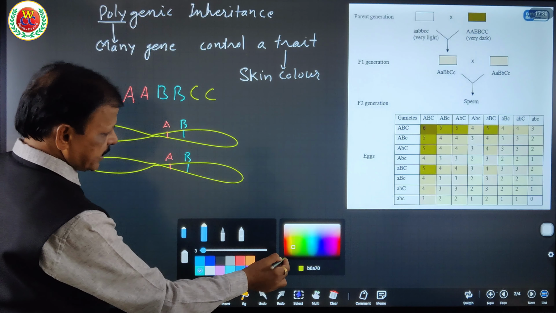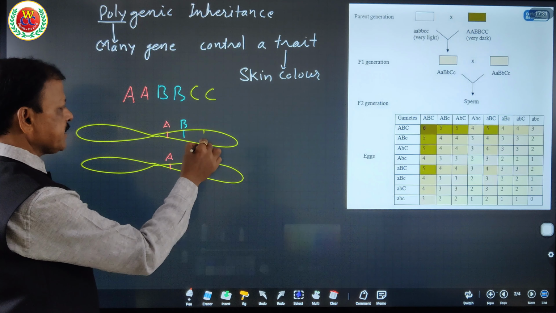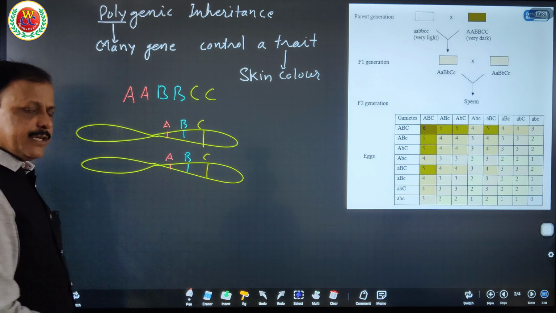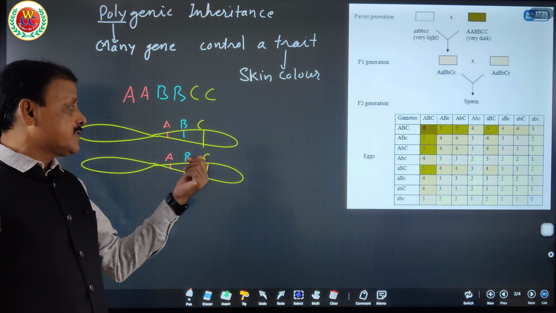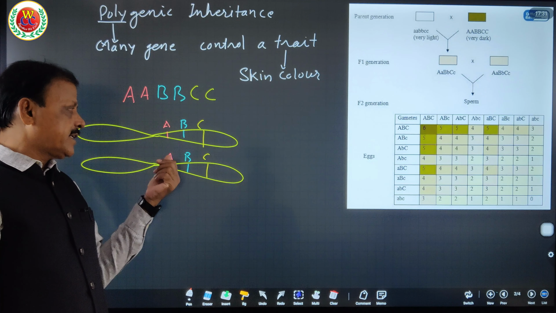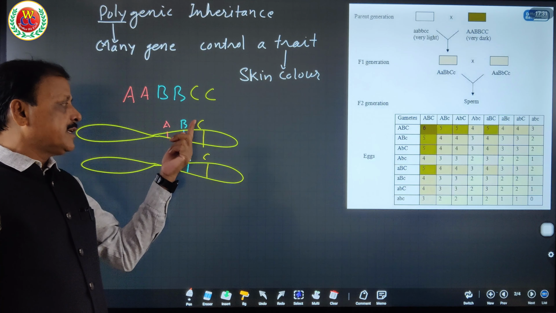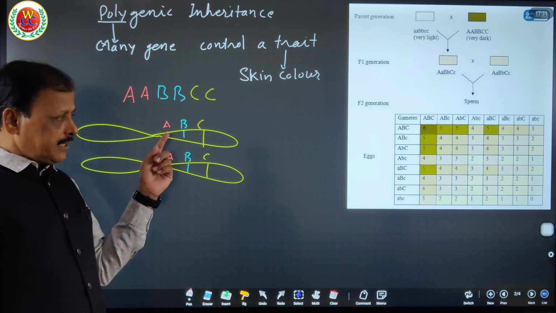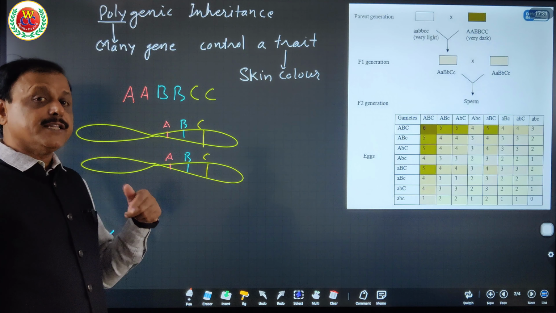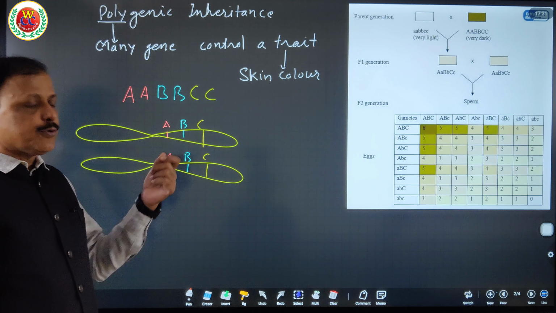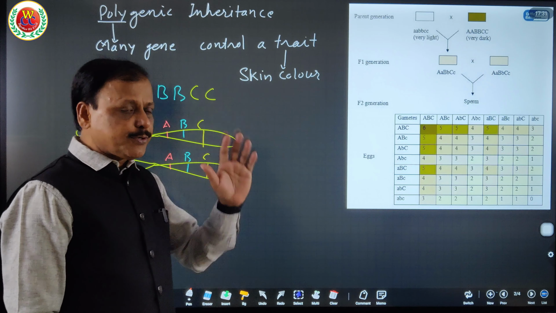Here these genes can be capital A, capital B, capital C; here it can be small a, small b, small c; or here capital A, capital B, small b, capital C, small c, any. Therefore, the number of dominant genes present in an individual creates an additive effect to produce the skin color. That is what we have to understand.